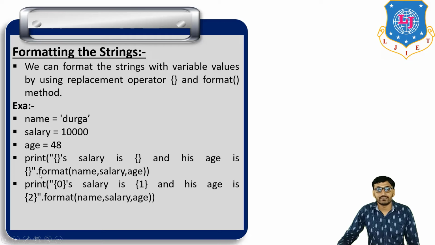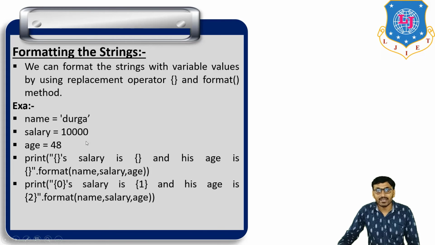Then dot format method, and in the format method three values are given because three replacement operators are used: first, second, and third. So values are given according to the replacement operators. First, the value of name, Durga, is transferred here.